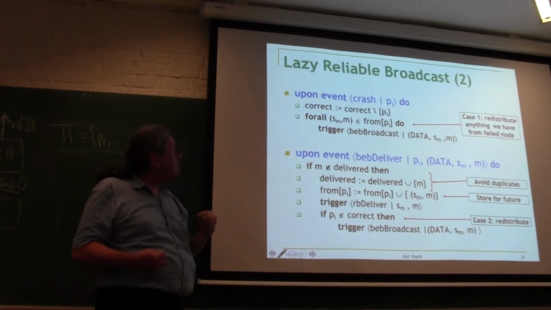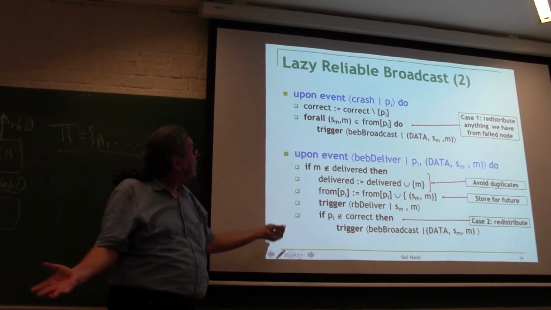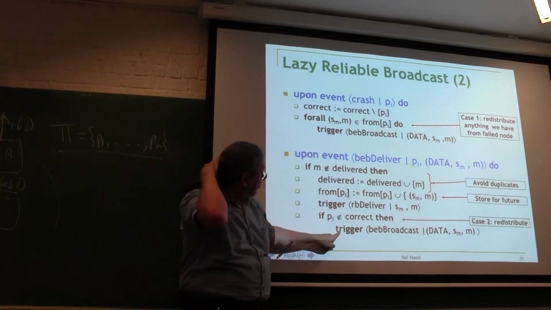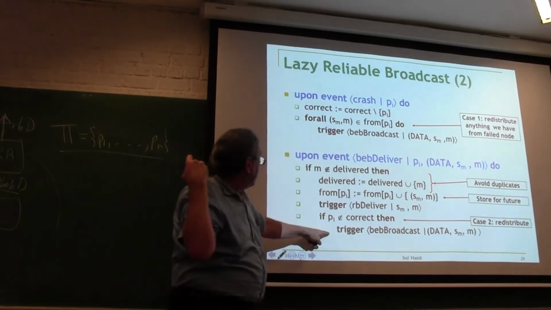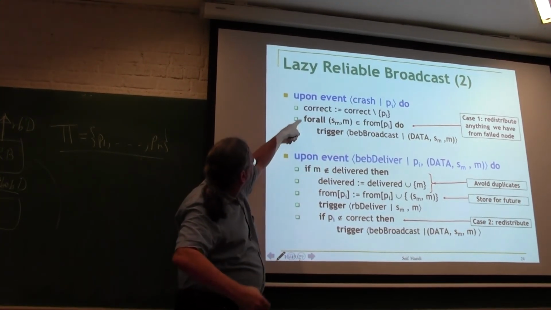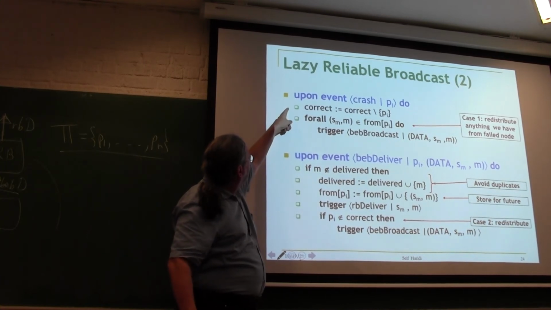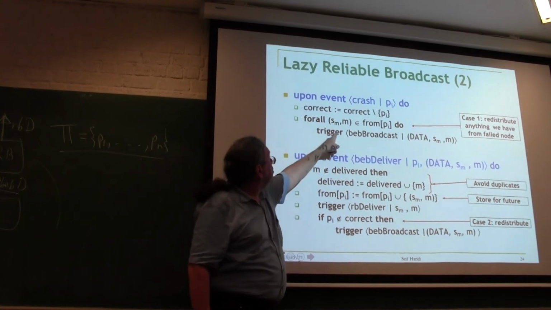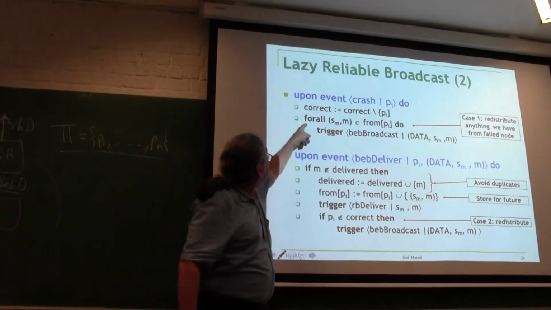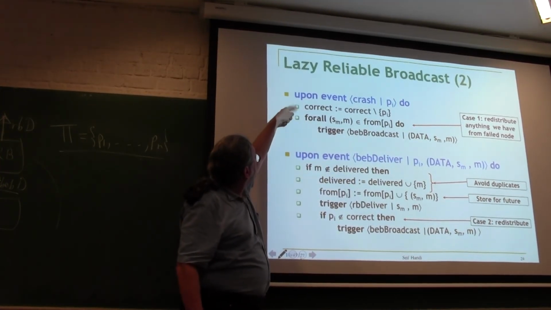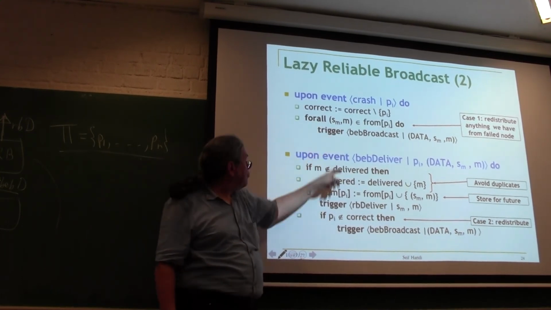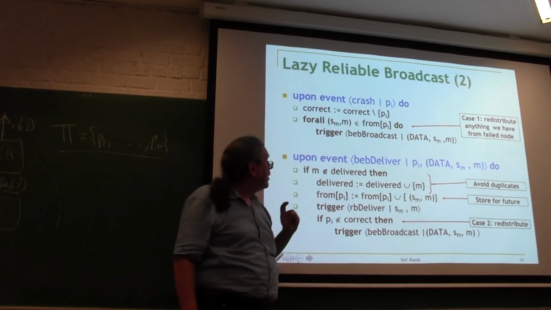And if we get a message, we have to broadcast it here, either here or here directly. But if we find out here that the message crashed, then we don't know what the message is. So that's why we need this from thing, because otherwise this crash piece of code will not know what the messages are. We have to keep track of them inside the from. Okay?